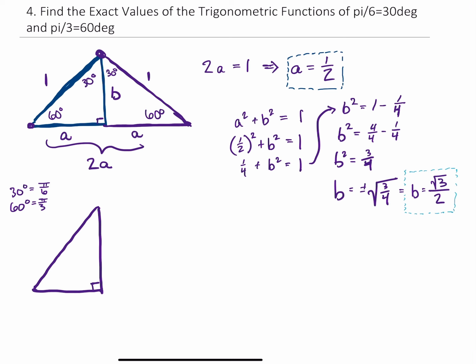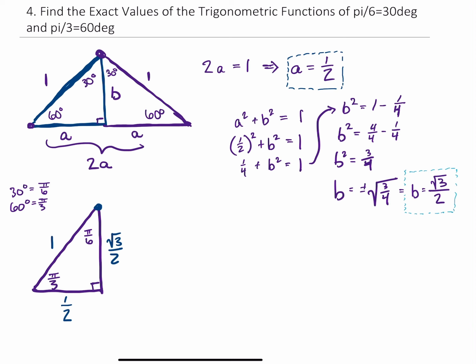So this was our 60-degree angle, so this will be pi over 3. And this is our 30-degree angle up here, so pi over 6. And then we have said hypotenuse is 1. This was our side length a, so 1/2. And then this is our side length b, root 3 over 2. This will give our x and our y coordinate of the associated point on the unit circle.